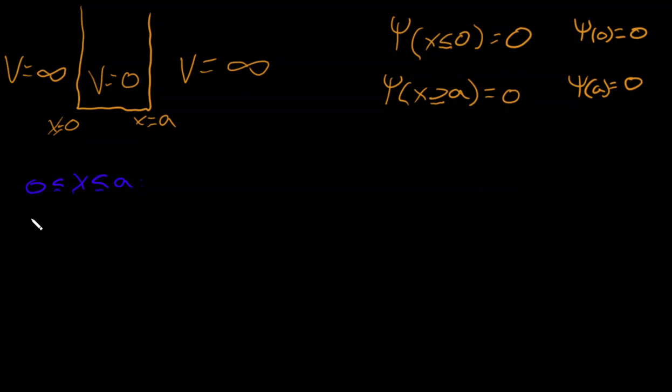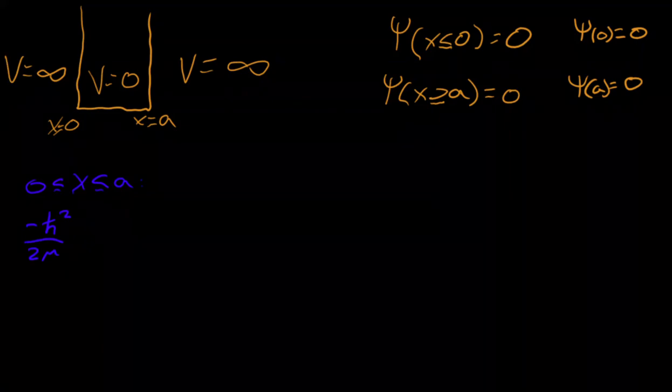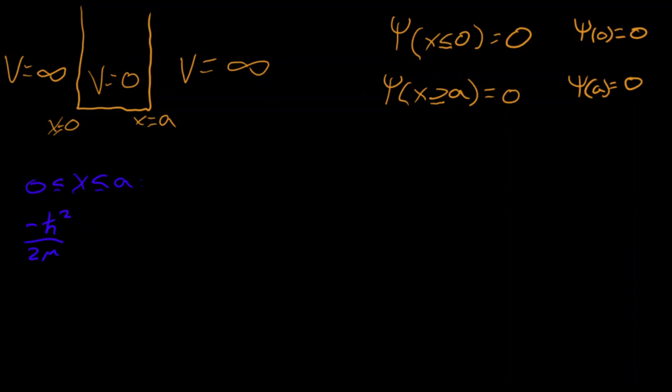So we have negative h bar squared over 2m d squared. We don't need a partial derivative, because to get the general solution to the Schrodinger equation, we just have to solve the time-independent equation.